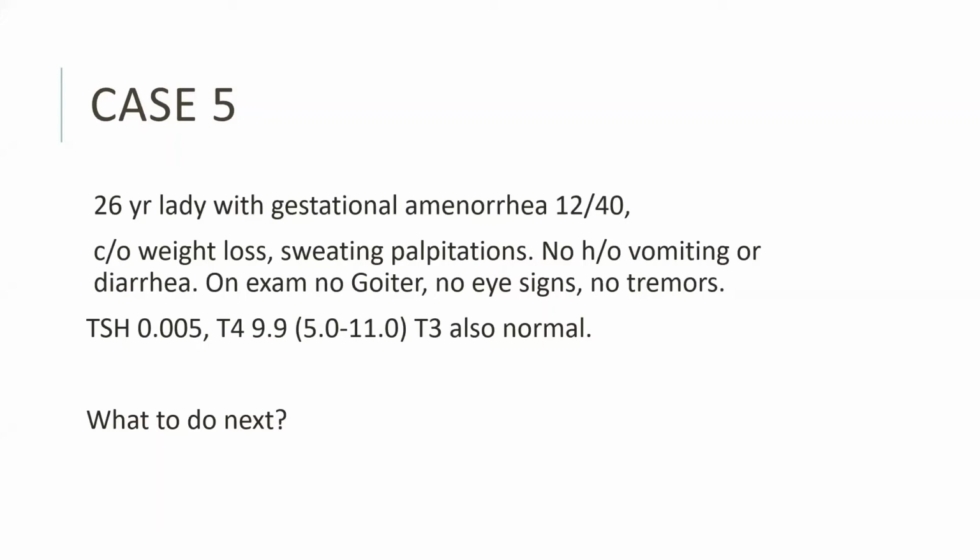So if you see the thyroid profile, this is subclinical hyperthyroidism. And the TSH is low here because of beta HCG. So you won't treat this patient with antithyroid drug. You just monitor, treat the patient symptomatically.